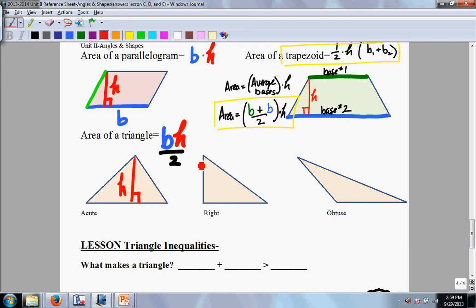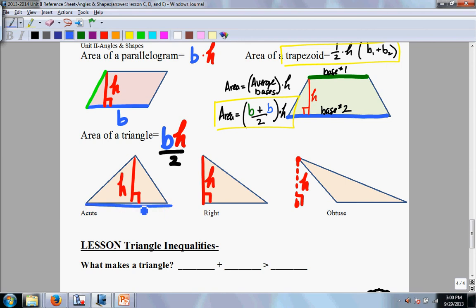When you have a right triangle, the height is on the edge of the triangle itself. Again, look at the right angle. In an obtuse triangle, the height is technically outside. So the position of the height changes depending on the type of the triangle.